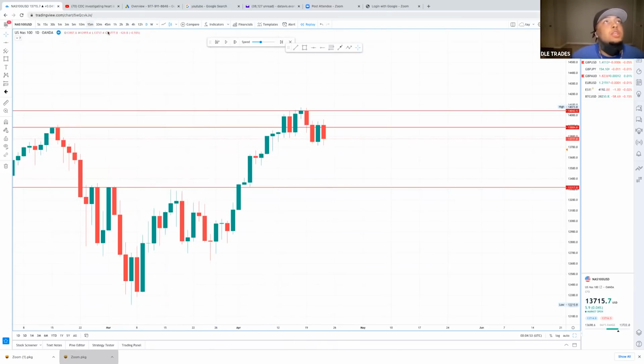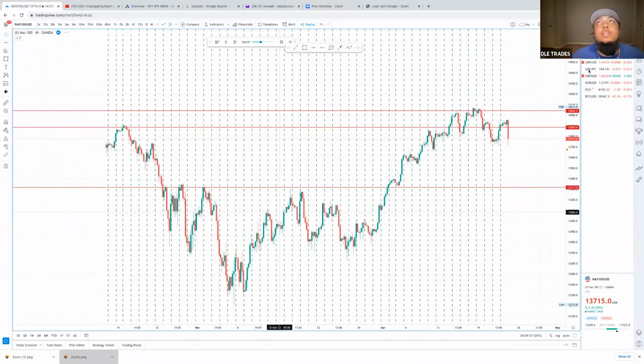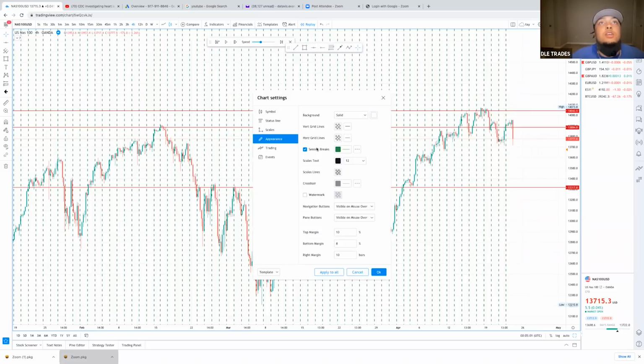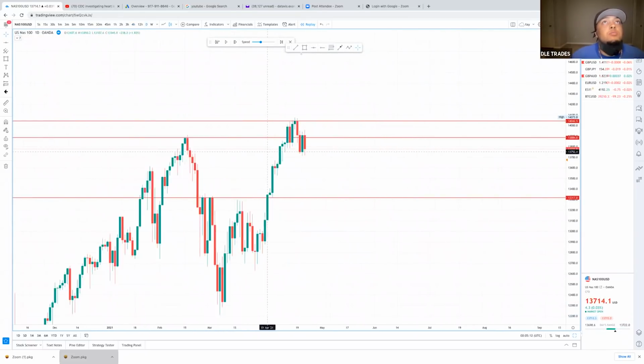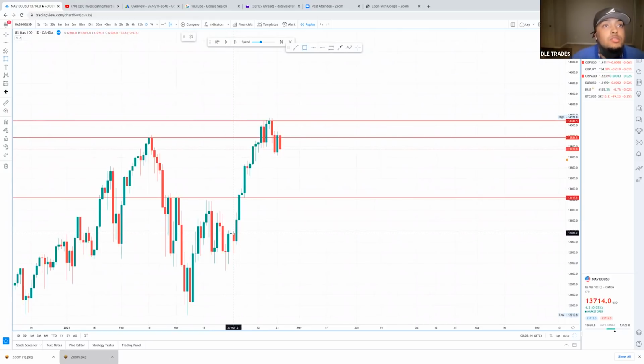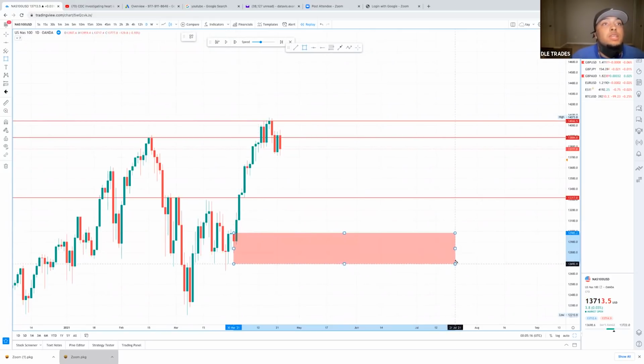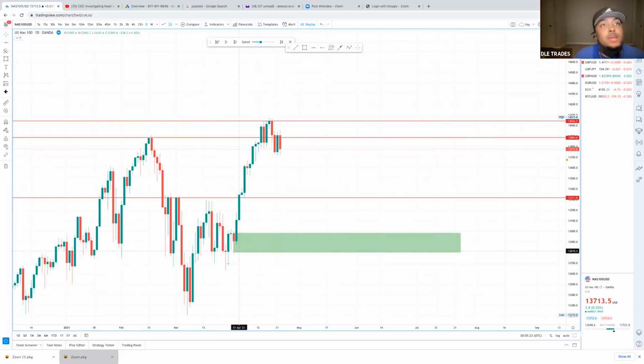So after I do this, I'm going to drop down to my 4-hour chart. I have my sessions on right now, so I'll hurry and take those off. And back to the daily chart, what I'm going to do is mark up my demand zones. This is going to be a demand zone, guys. So I'm going to make this green. Why is this a demand zone? It's a daily demand zone as well. Why is it a demand zone?